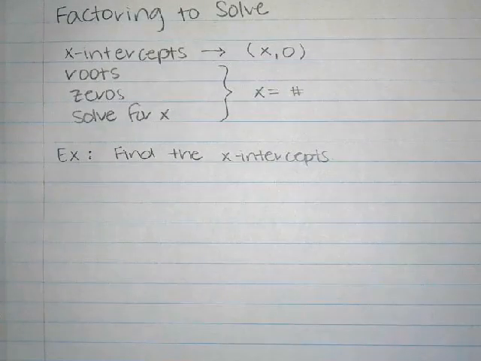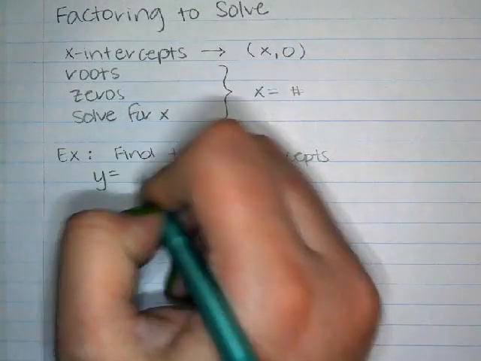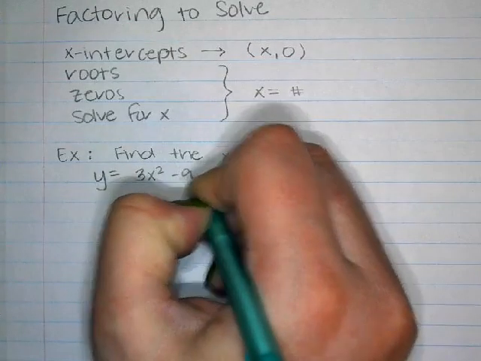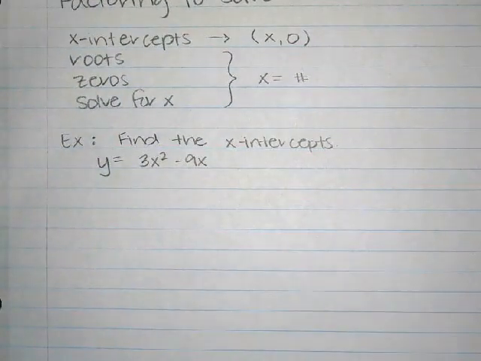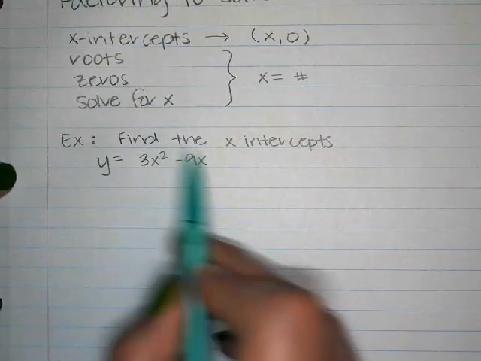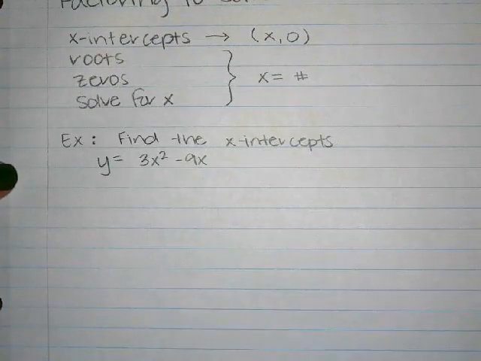And if they said find the x-intercepts, then maybe our problem is y equals 3x squared minus 9x. And we just know that our method of solving is going to be factoring. So for us to find the x-intercepts, we're going to take this equation that could be graphed, and we're just going to set it equal to 0.